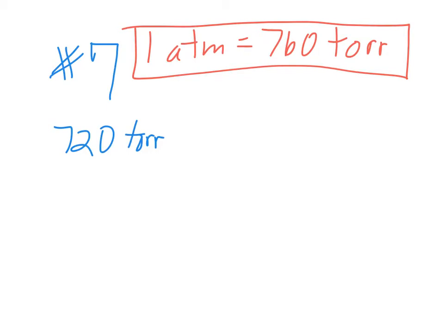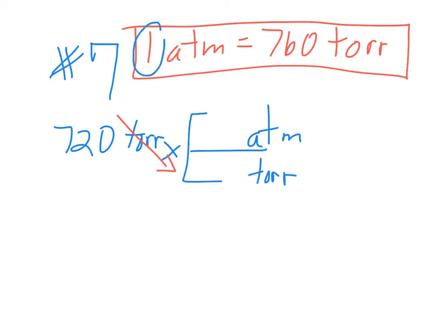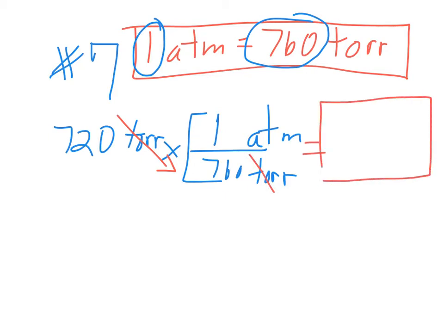Remember that whatever unit you have here, it's always going to go where? At the bottom. Very good. And then what you're looking for, what you want, the ATM is going to go on top. Now these numbers are going to come right off the conversion. So ATM is going to have 1, and the torr is going to have the 760. So this allows you to cancel that out, and your answer is now going to be in the ATM because that's what you have.